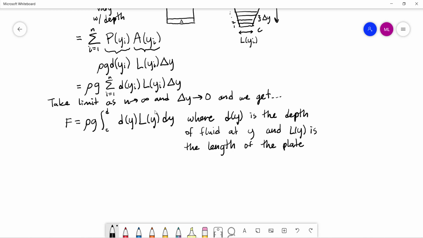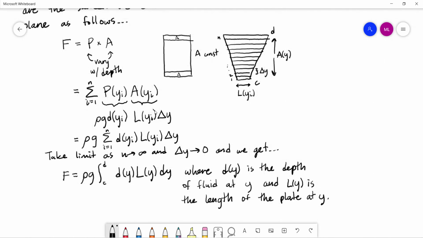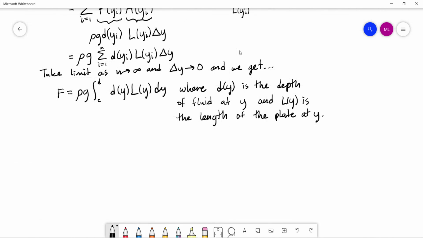So I'm using the word plate to refer to whatever this is, be it the side of an aquarium or a dam, literally just a plate that we submerge under the water, or the side of a submarine, whatever the case may be.